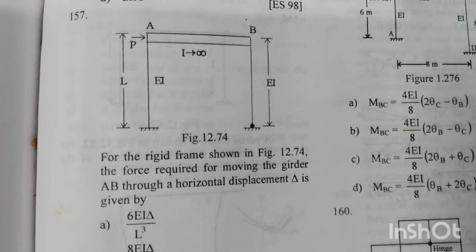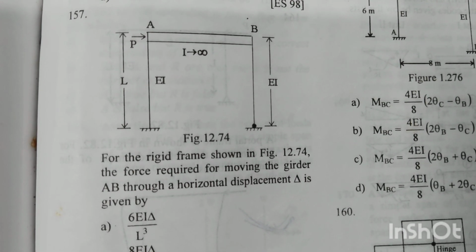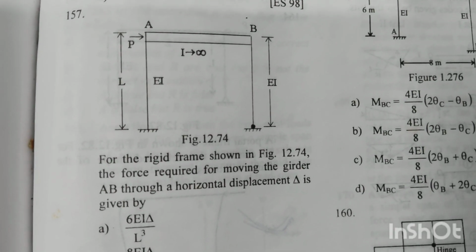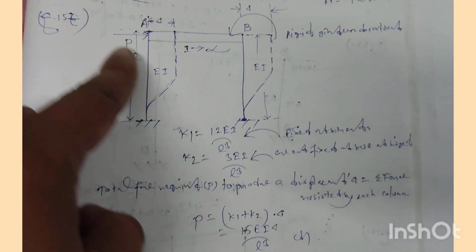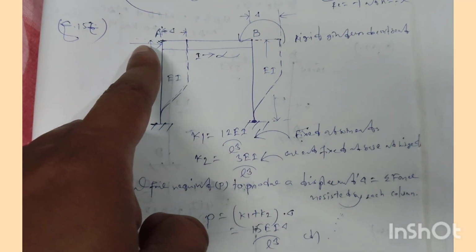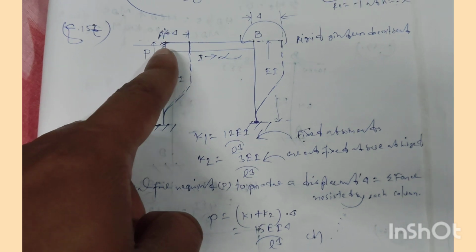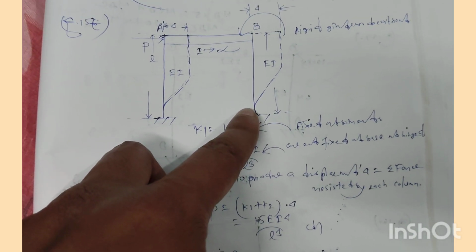Number 157. For the rigid frame shown in figure 12.74, the force required for moving the girder AB through a horizontal displacement del is given by? So this is our rigid frame subjected to a horizontal loading P at point A, fixed at this end and hinged at this end.